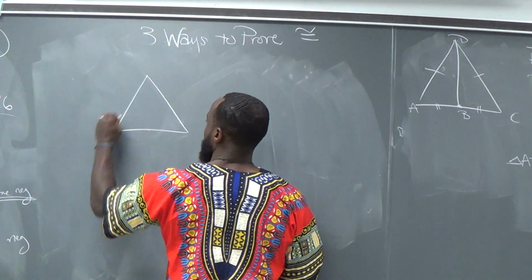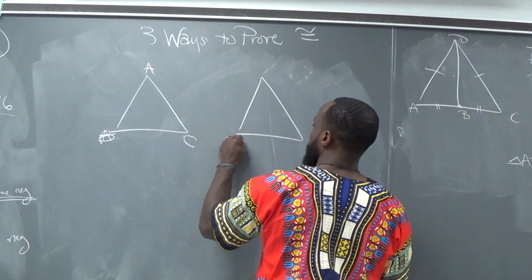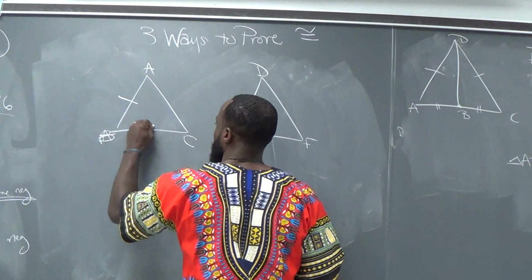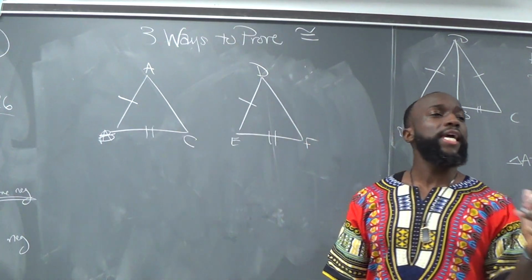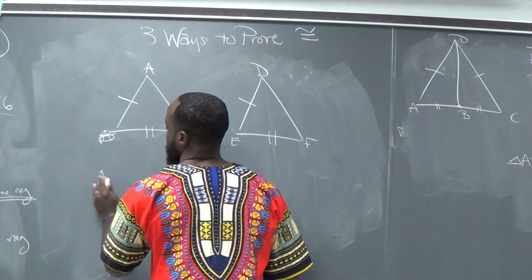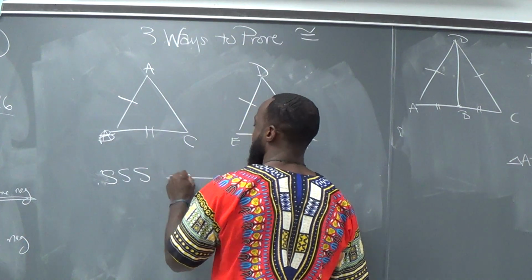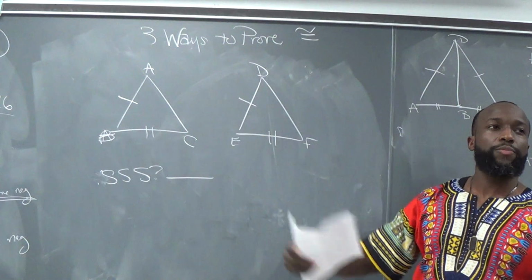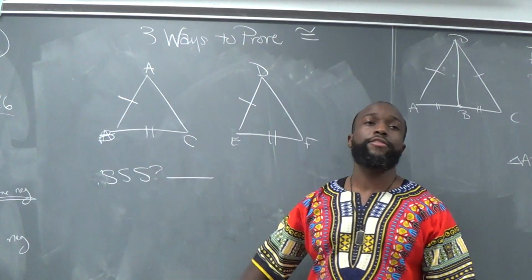This is BAC, and we have EFD. In the example, they give us these marks. If we wanted to prove that these triangles were congruent based on SSS, what needs to happen? This is all they gave us. What else do we need?